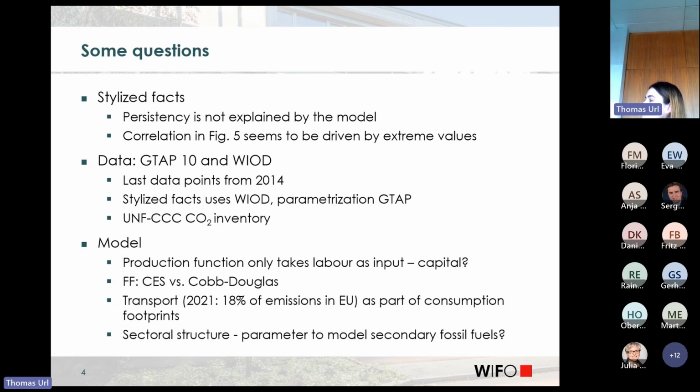I get this question quite often. From the theoretical point of view, the database determines the I/O structure of each production in each country, so how much inputs are needed from which sectors.